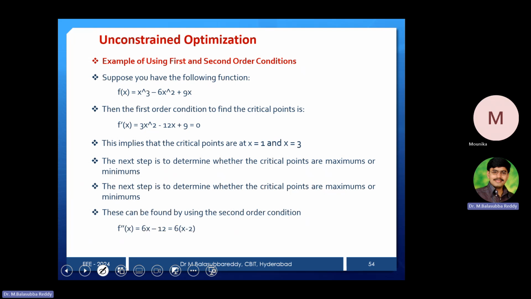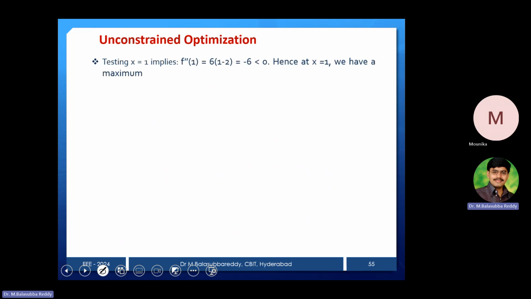So now you can do f double dash. If I do f double dash, it is 6x minus 12. Then taking 6 common, it will be 6 of x minus 2. In that, if I keep the x value as 1, what happens? There is a minus 6, that is less than 0.